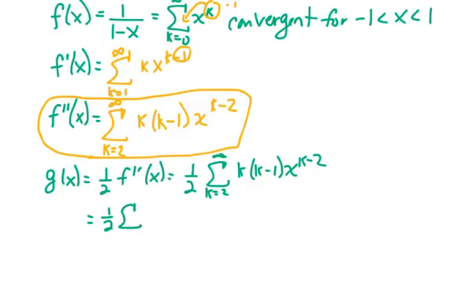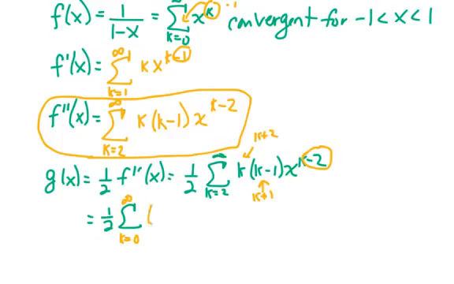And all I need to do here is I want to get this to be a k, right? So I'm going to subtract off 2 from the bottom index, and I'm going to add 2 to everywhere there's a k. So this becomes k minus 1 plus 2, which becomes k plus 1. And here, this becomes k plus 2.